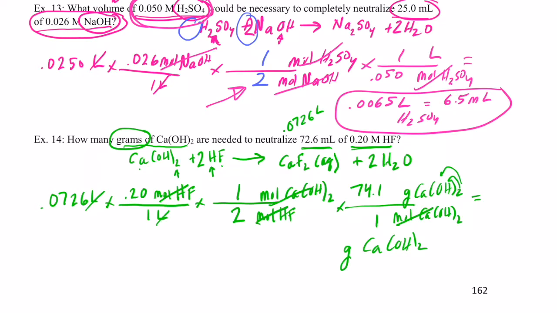So it looks like we would need 0.538 grams of calcium hydroxide to neutralize that acid. You feeling pretty good about this? That's our third neutralization reaction that we've done. We're going to do another one, but hopefully you're feeling pretty good about it right now.